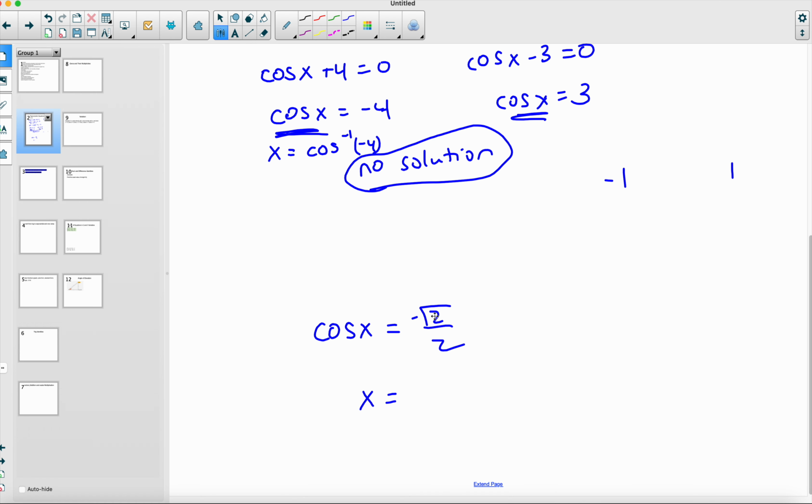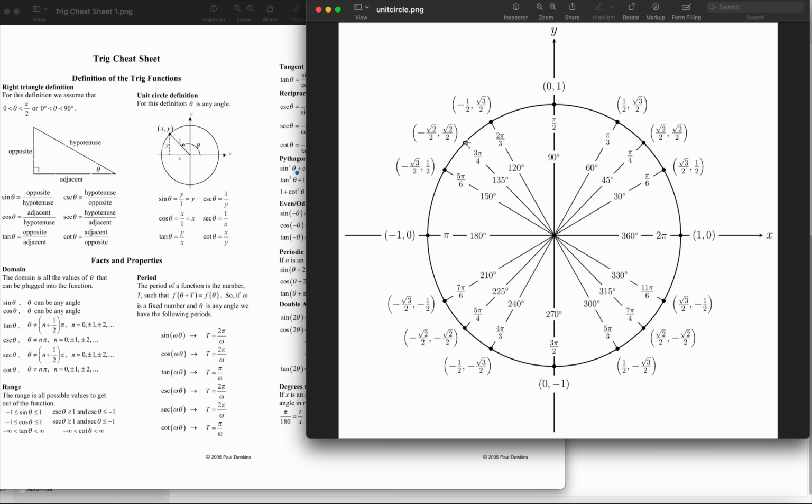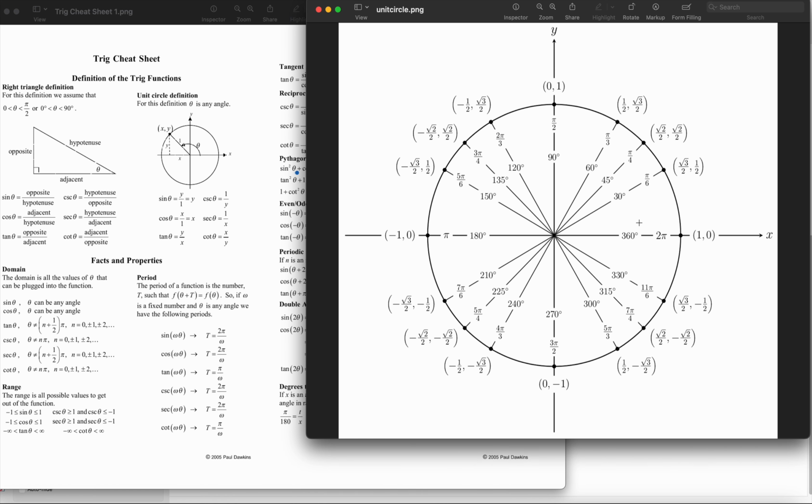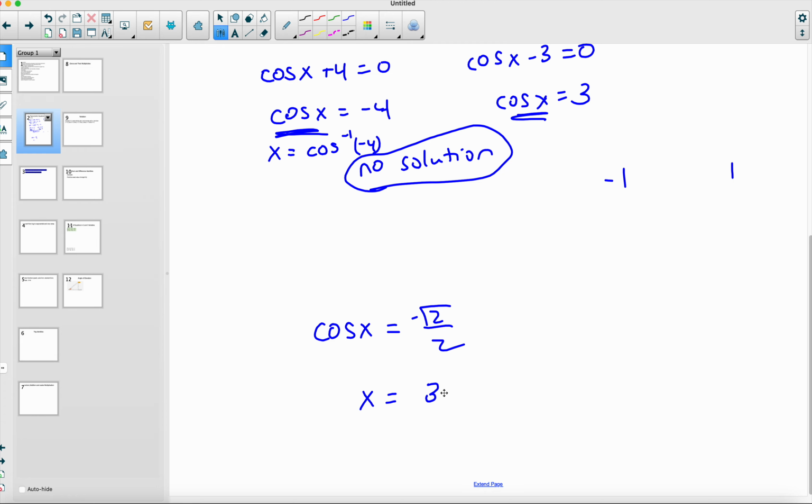Well, where is cosine square root of 2/2? It's that special pi/4 reference angle. But if I'm in quadrant 2, it's 3 pi/4. If I'm in quadrant 3, it's 5 pi/4. So both 3 pi/4 and 5 pi/4 give me cosine of negative square root of 2/2. So if I'm looking within one revolution, I would get two solutions for this particular situation: 3 pi/4 and 5 pi/4.